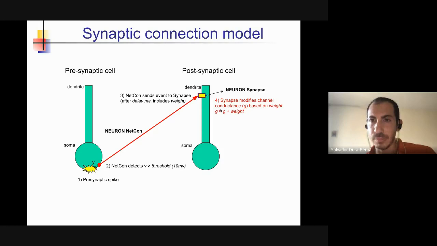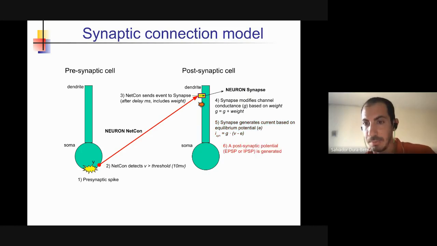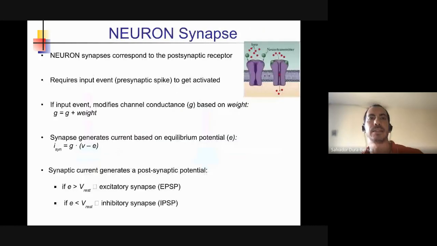And it will modify this based on the strength of the connection, on this weight that we mentioned. So the currents that flow into this channel in the synapse will generate a new postsynaptic potential, which will be an EPSP or an IPSP, depending on the equilibrium potential of the synapse. Okay, so these are the basic steps, and now we're going to go ahead and implement this in code.